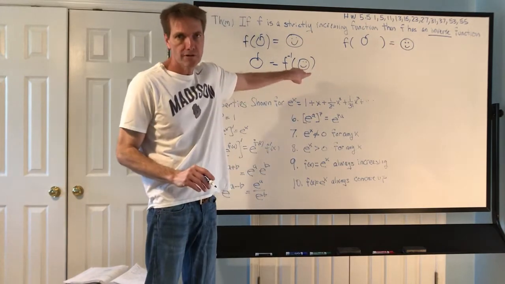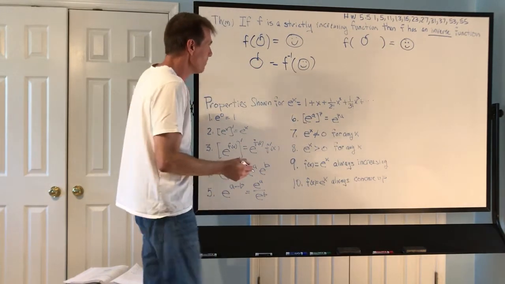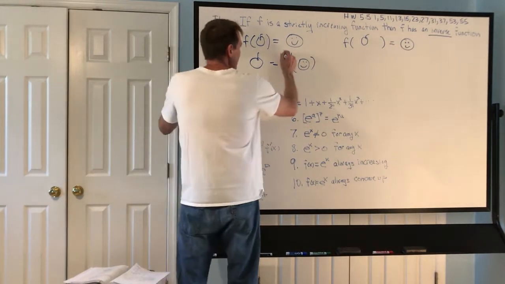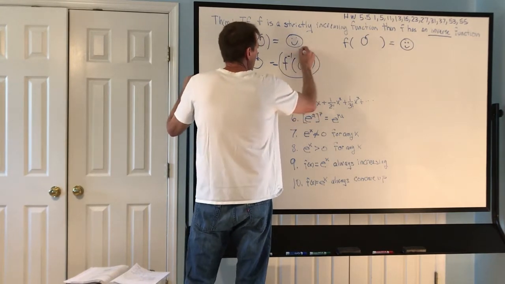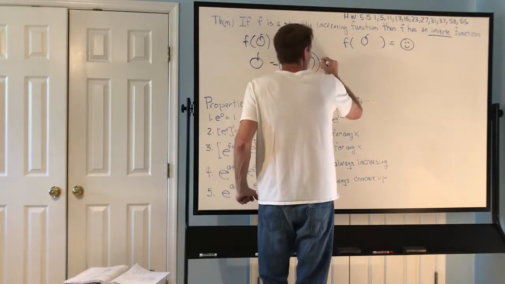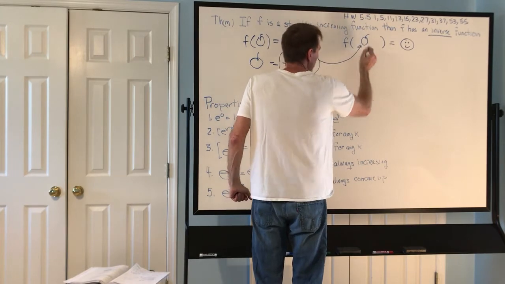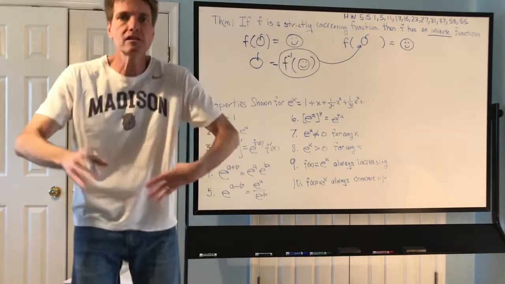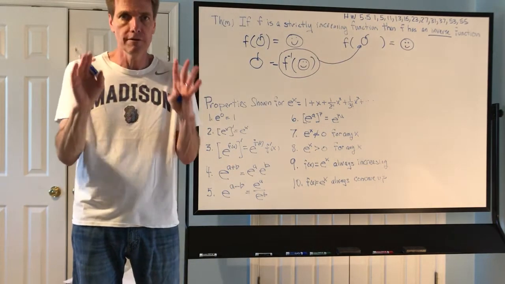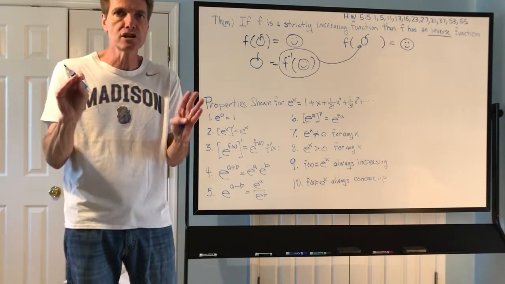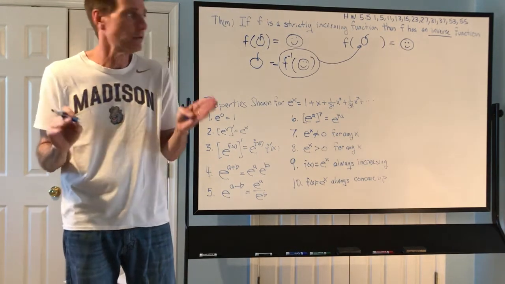But f inverse of smiley face is apple. So if I drive that like a Toyota pickup truck in for that apple there, I can see one of the two important relationships between a function and an inverse function.